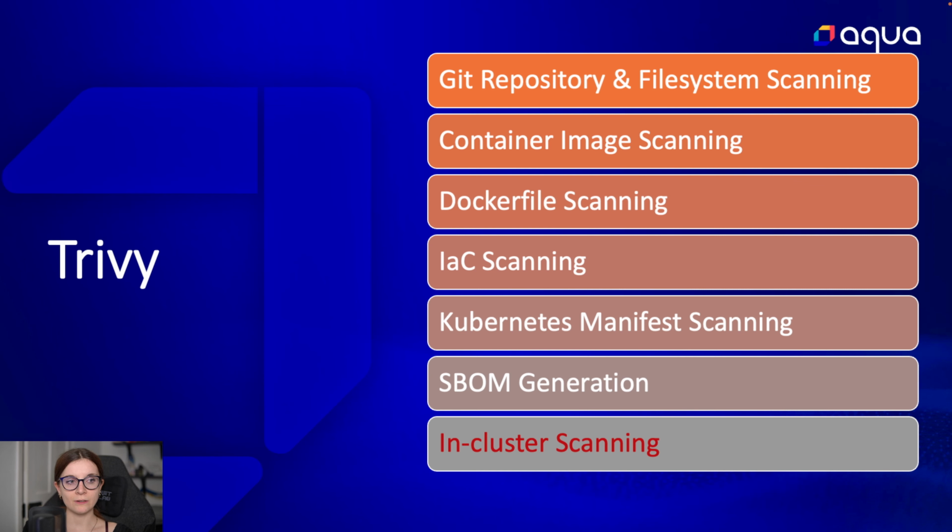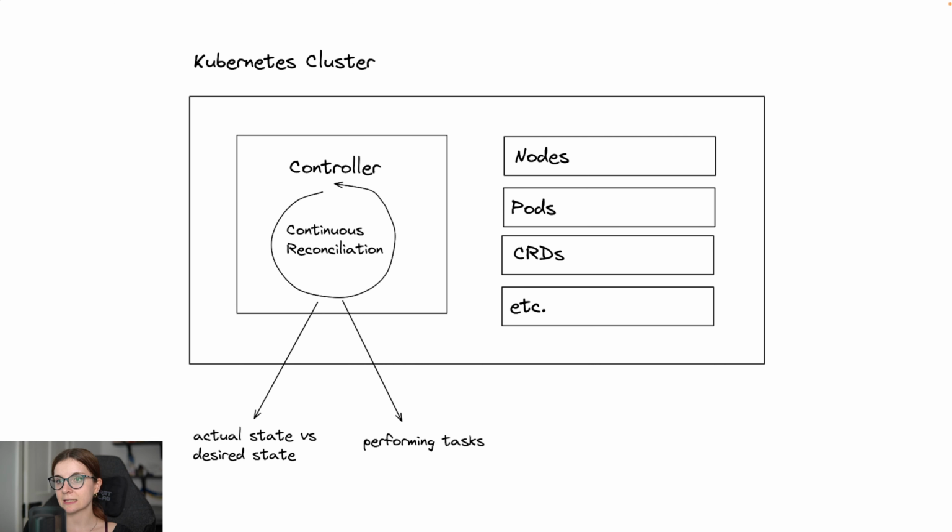Now we are going to focus on in-cluster scanning, and we're going to focus on that with the Trivy operator. So if this is our Kubernetes cluster, what is an operator? What does it do? An operator is installed like any other resource within your Kubernetes cluster. Generally, an operator uses a controller of sorts under the hood. Kubernetes runs on controllers, which are basically control loops that check one thing on a continuous basis.